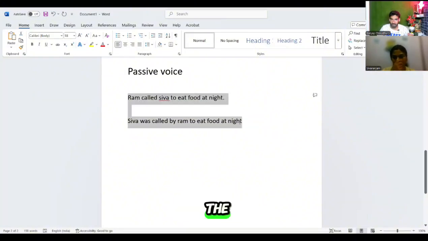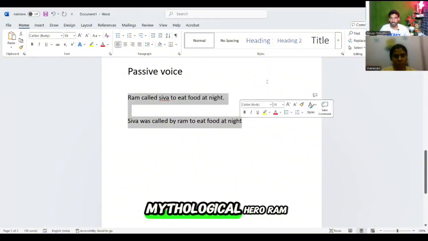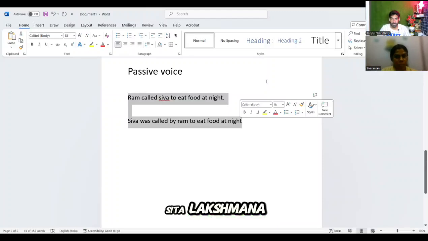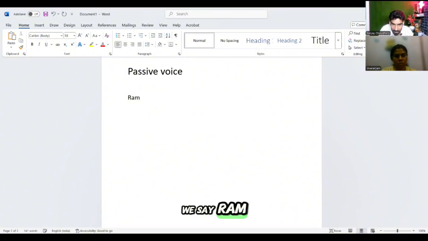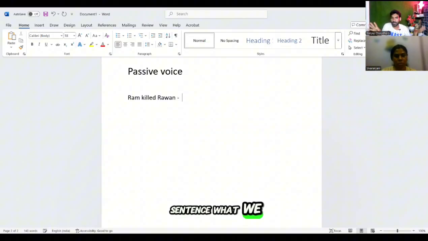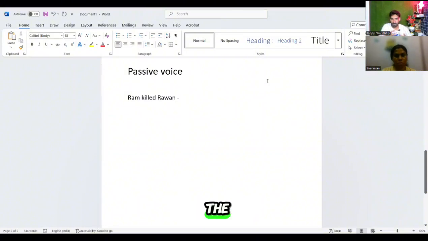Do you know the Indian mythological heroes Ram, Sita, Lakshmana? You know that? Okay, let me give that example. So we say Ram killed Ravan. Now, in this sentence, what we understand is Ram, who's one of the gods, killed a person who was not good, who used to be a gangster or something.